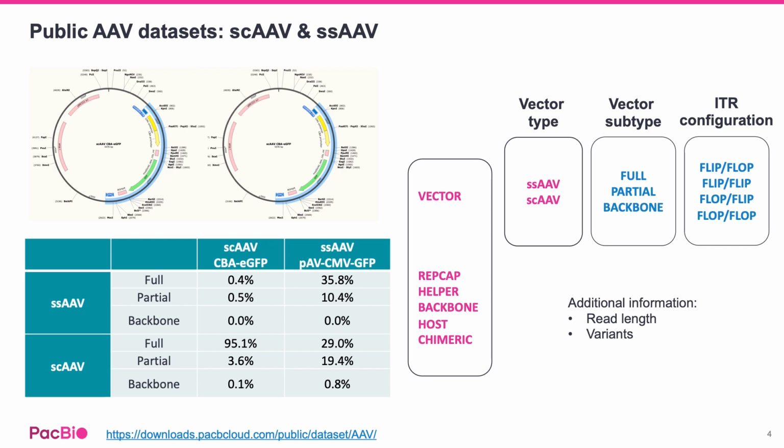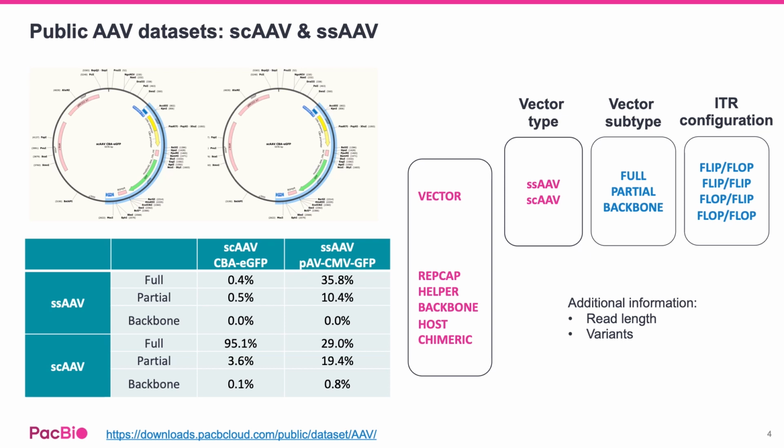We can characterize whether the produced genome is single-strand or self-complementary. We can also look at whether they're producing full vectors, partial, or backbone. We can also look at the ITR configuration and determine whether the genomes are in flip-flop, flip-flip, flop-flip, or flop-flop configurations.